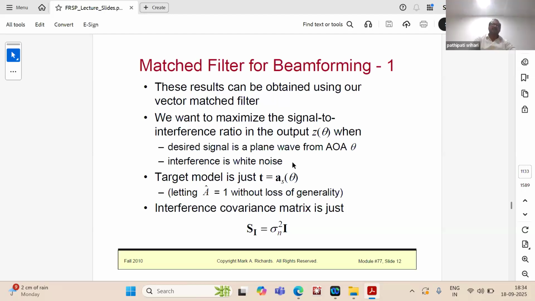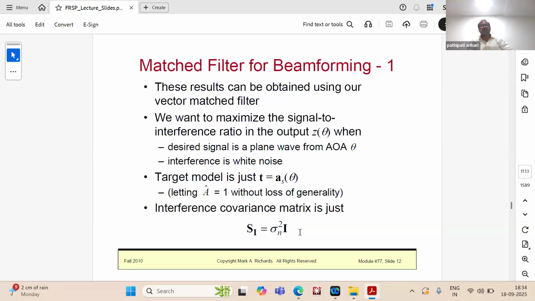In sonar and similar places, you cannot consider the interference as white; it is colored noise, and then the business is different. In radar and communication, we consider additive white Gaussian noise, which is why SI is modeled as sigma n square I.